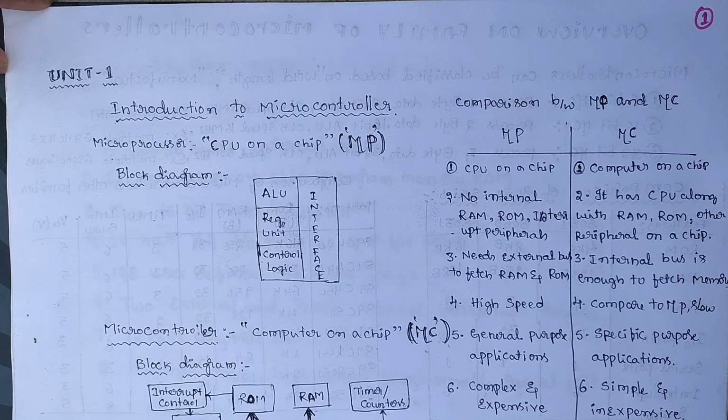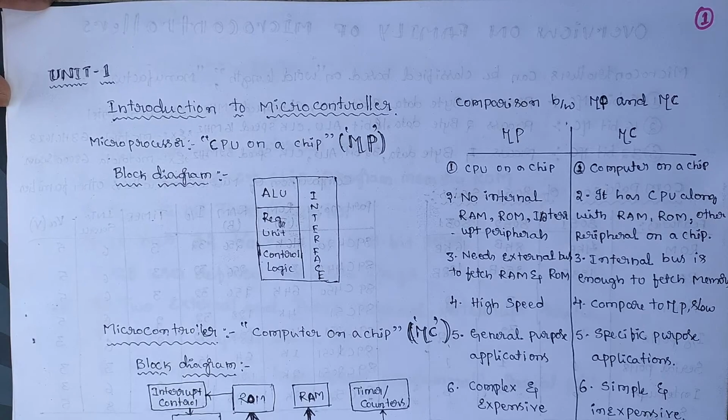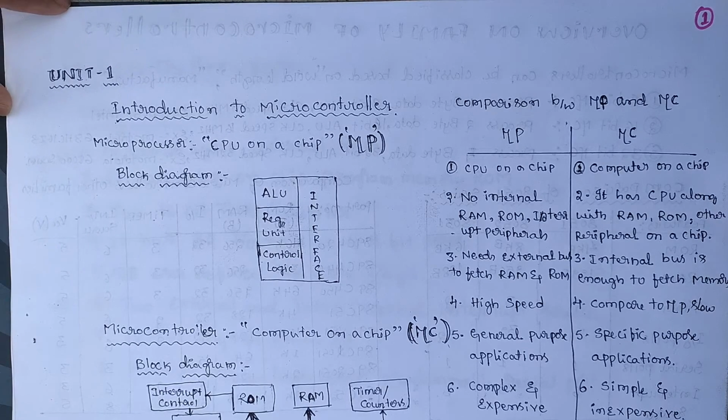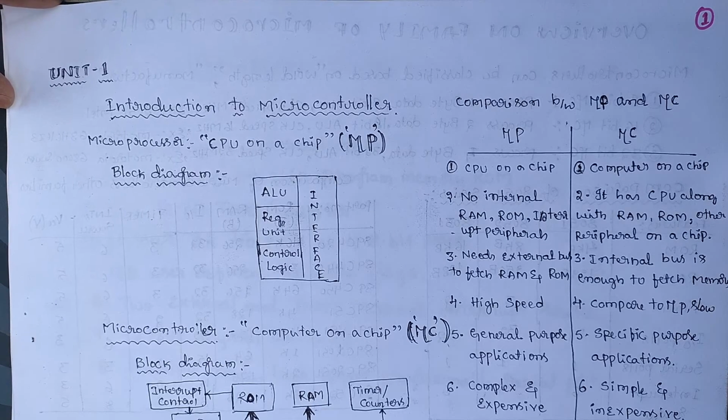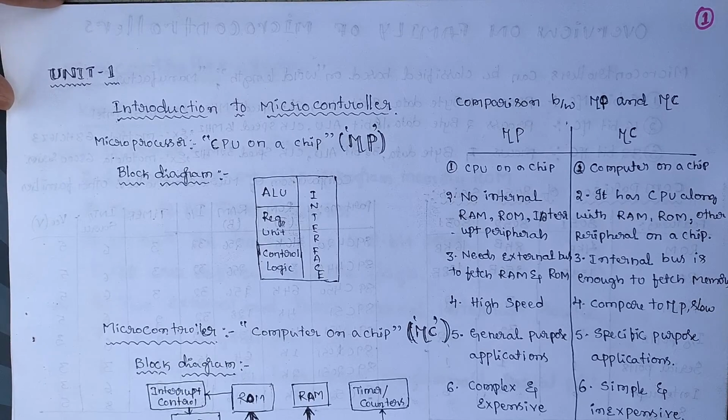Here is a block diagram of the microcontroller, which consists of a microprocessor as the CPU, and also has inbuilt RAM, inbuilt ROM, inbuilt timers and counters, serial ports and IO ports, bus controller, oscillators and interrupt controllers.